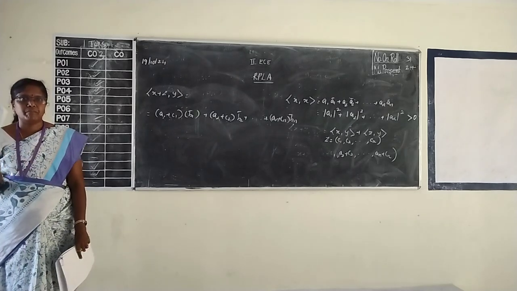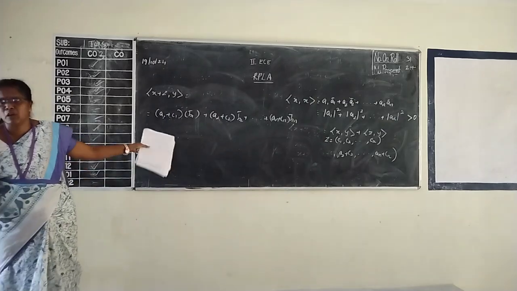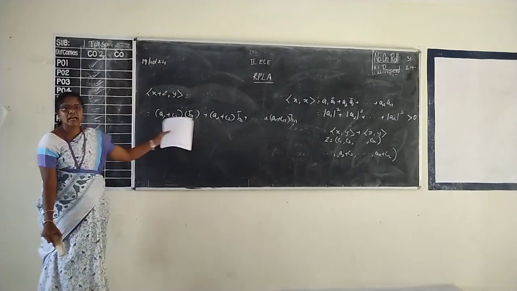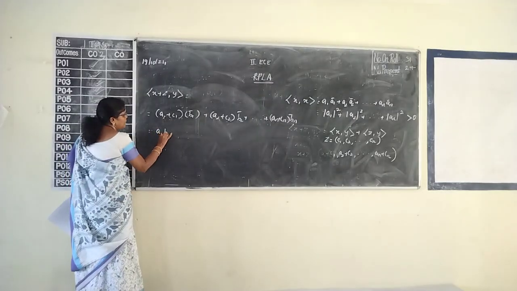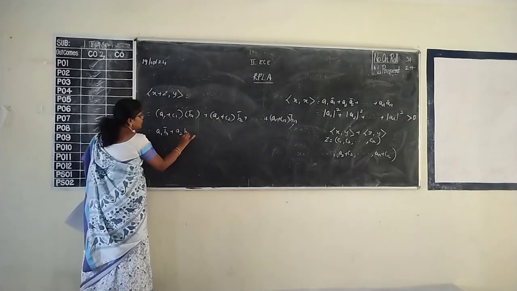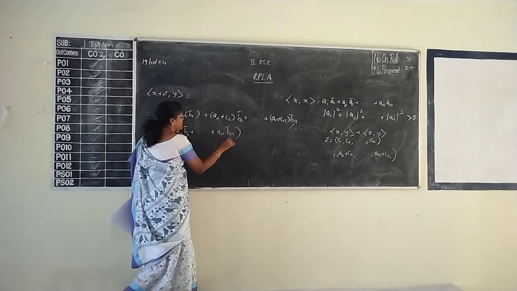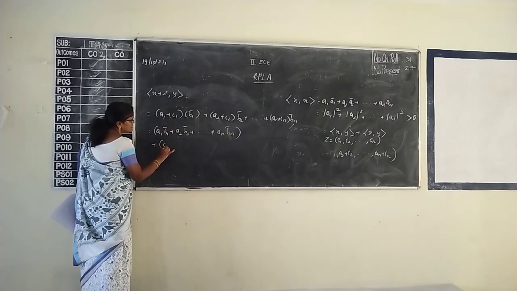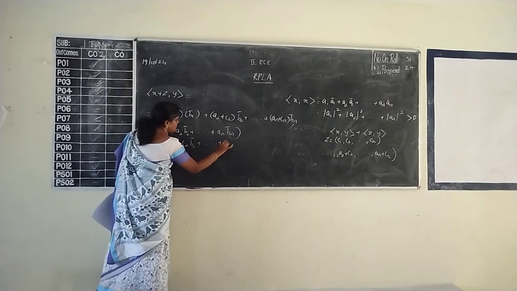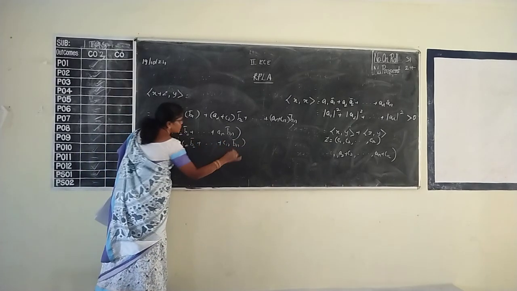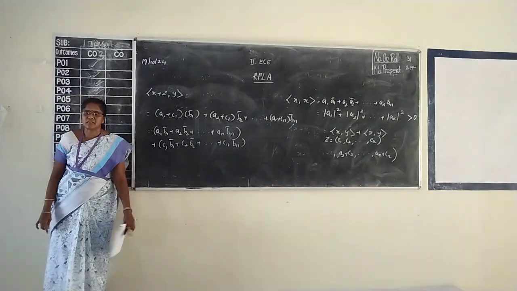A and B. For z comma y, C and B. And it is ordinary vector addition, so you can split and write this as A1 B1 bar plus A2 B2 bar plus etc. AN BN bar, plus C1 B1 bar plus C2 B2 bar plus etc. CN BN bar. Just ordinary vector addition, so you can split and write like this.